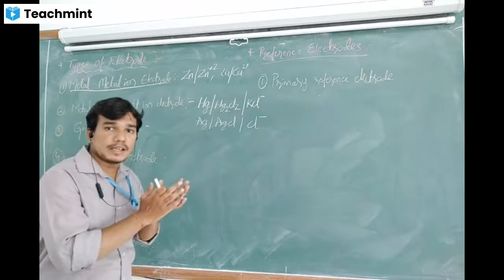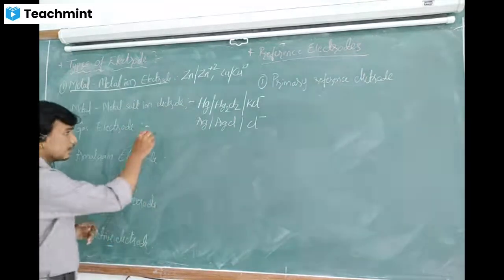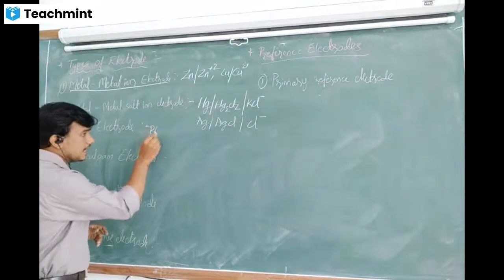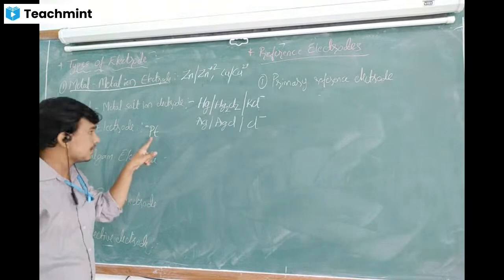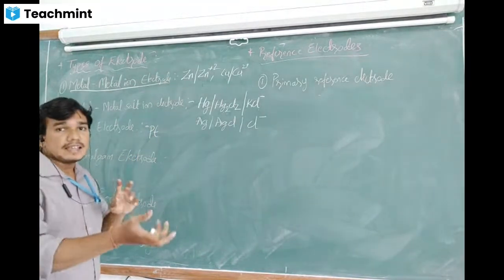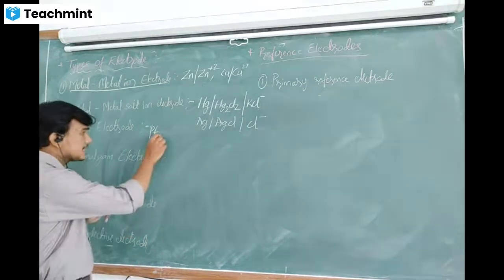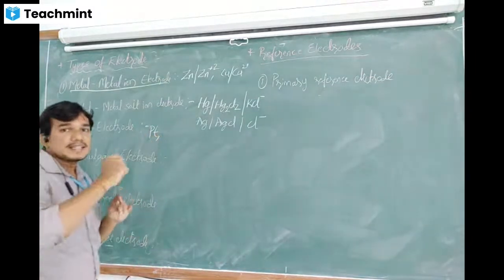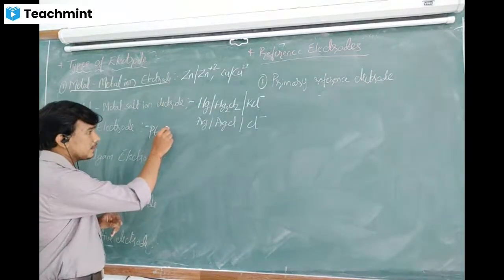Whichever gas we have taken, that ionic solution should be there. Say for example, the inert metal is platinum, which will not react with either the gas or the ionic solution. It just acts as the external electrical circuit. So platinum is an inert metal.